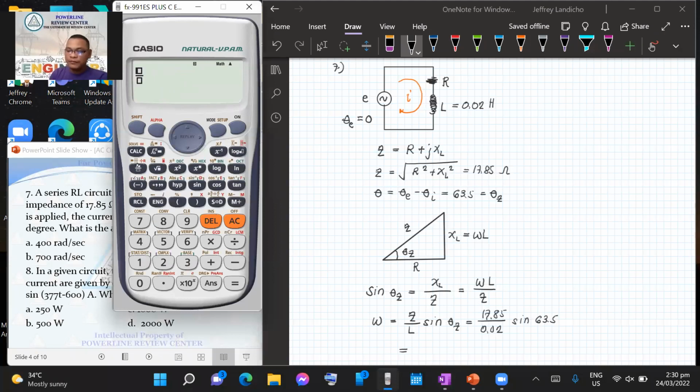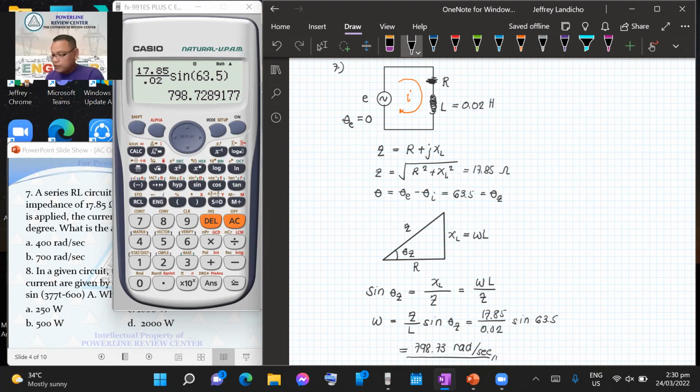You have 17.85 divided by the inductance of 0.02. Then, you just sine 63.5. So, ito na yung ating angular velocity, which is equivalent to 798.73. Anong unit yan? It should be measured in radian per second. So that should be the answer.